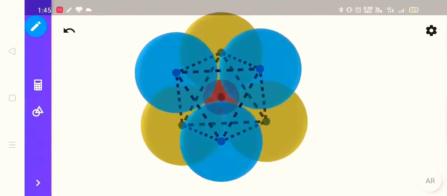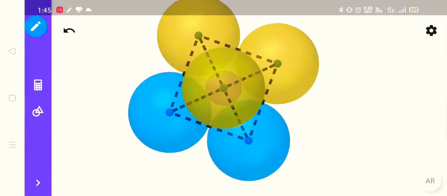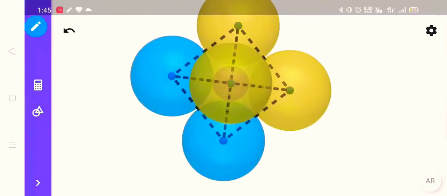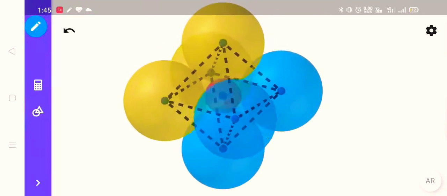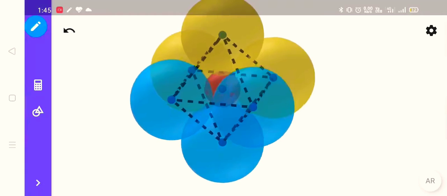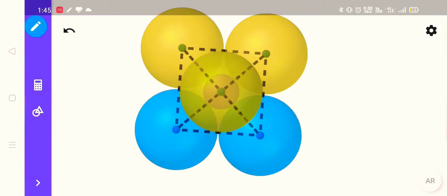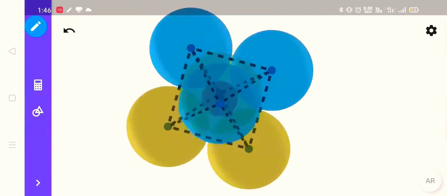We can see a particle at the center of this void. Our target is to find the relationship between the radius of these larger spheres, which create CCP, and the smaller sphere inside the void. To do so, we will remove extra particles.